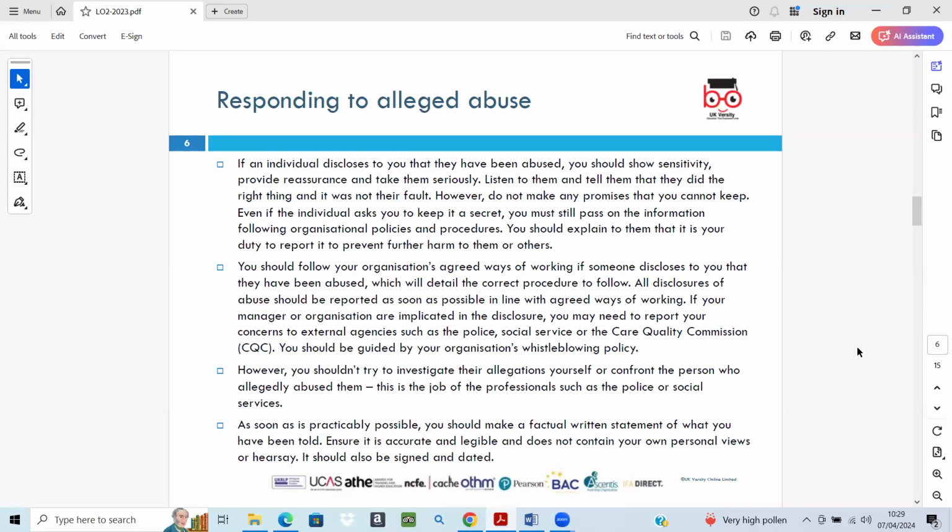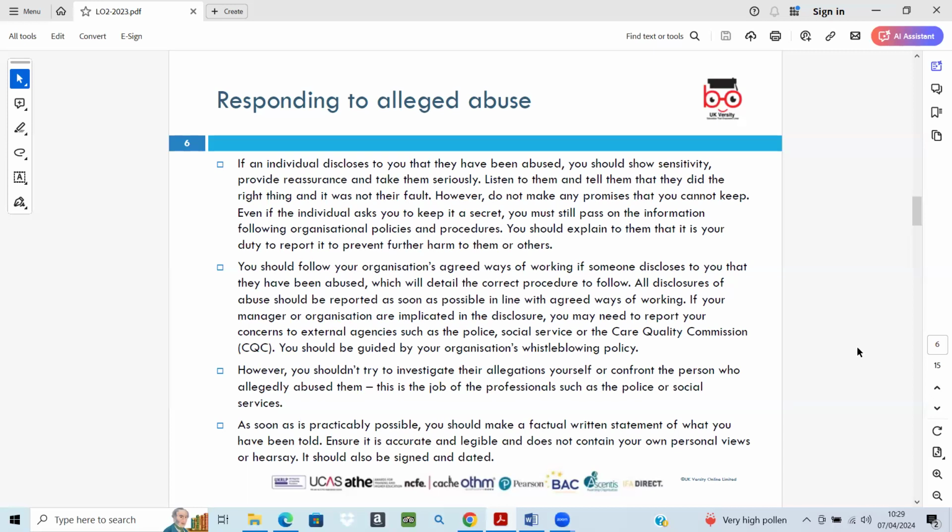We also need to avoid personal investigation. It's important for care workers to refrain from investigating the allegation themselves or confronting the alleged abuser. This is the responsibility of professionals such as the police, the local authority or social services.